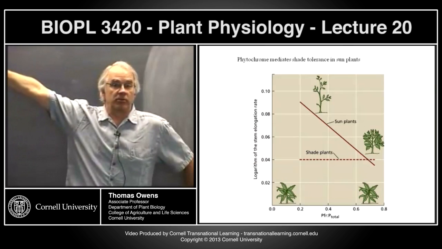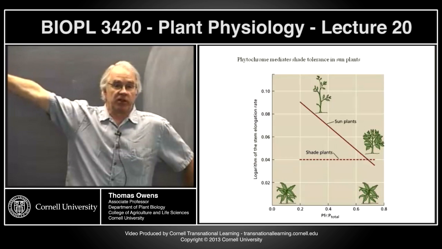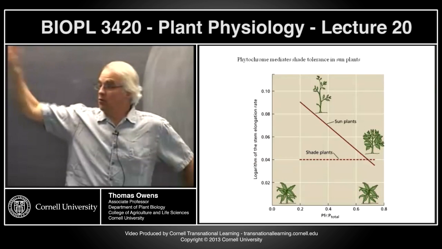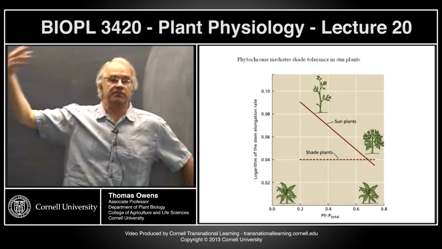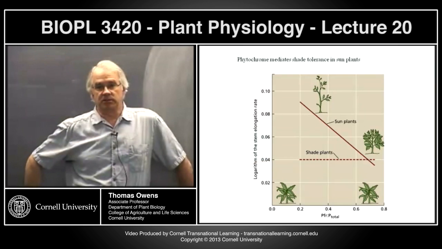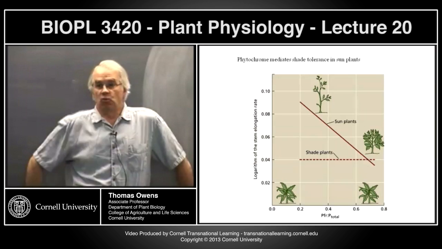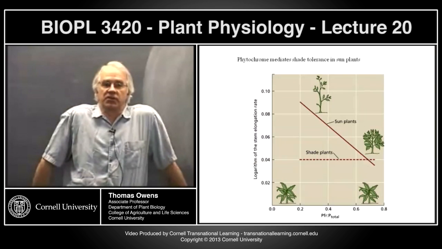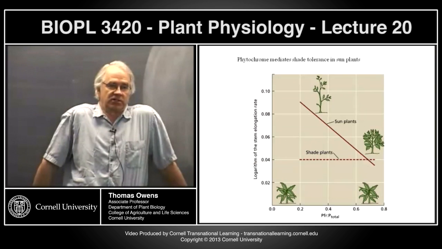Is this what Phytochrome evolved to do? In other words, is the red far red reversibility something that's been selected for because of sun shade adaptation? What do you know that might be useful to answering that question?